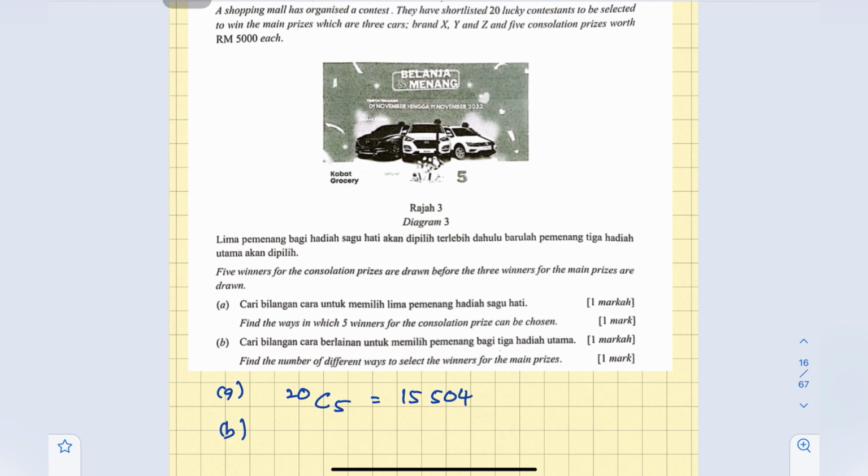Just now we had 20 contestants, we already chose 5 for consolation, so 15 are left. We choose one by one. So 15 choose 1, then 14 are left, so 14 choose 1, then 13 choose 1. So we calculate and get 2,730 ways.